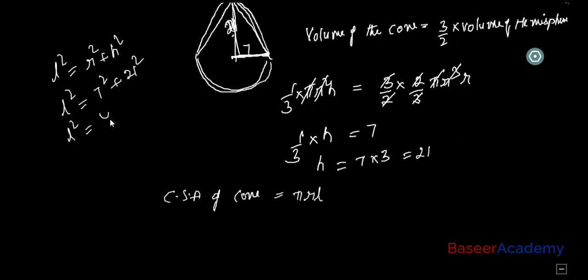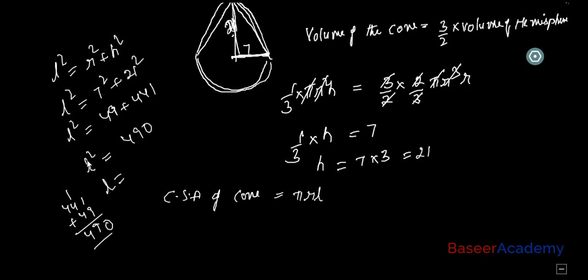So l square would be 49 plus 441. 21 square would be 441. l square would be 441 plus 49, which is 490. l will be, if I remove the square from the left hand side, I'll have to put a square root on the right hand side. l is root 490.